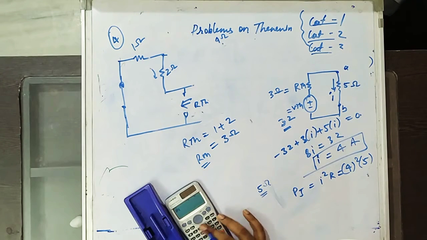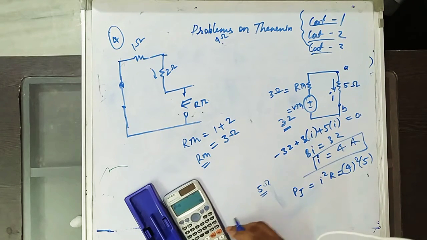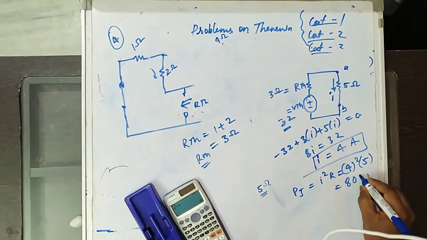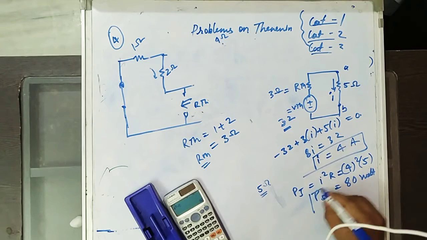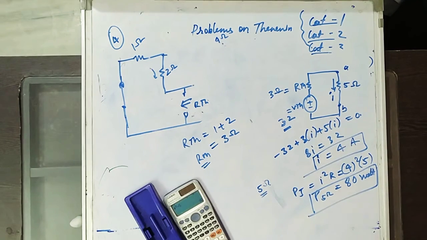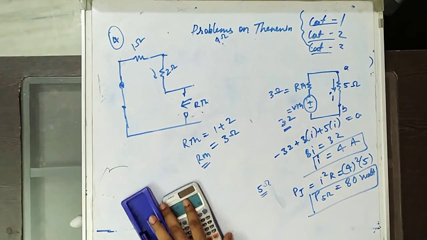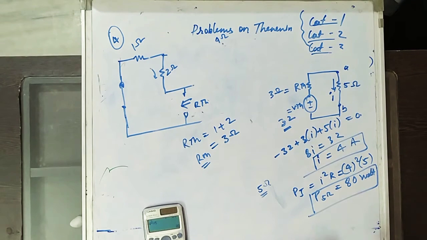So that is 4 square into 5. You get 80 watt. This is the method to find, in Thevenin equivalent form, the power lost in the 5 ohm resistance.